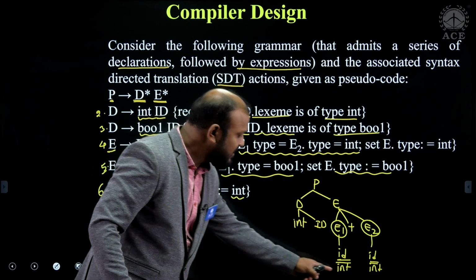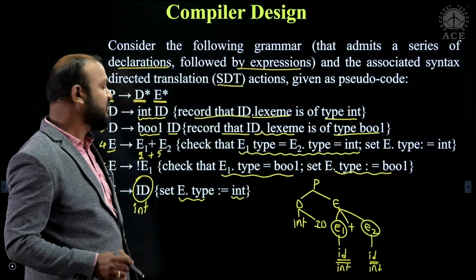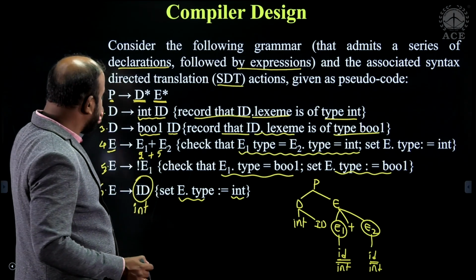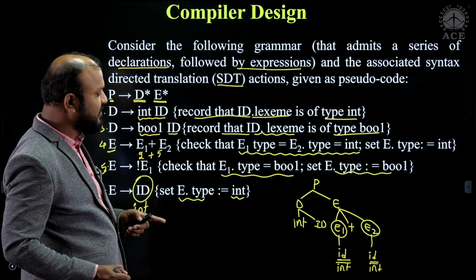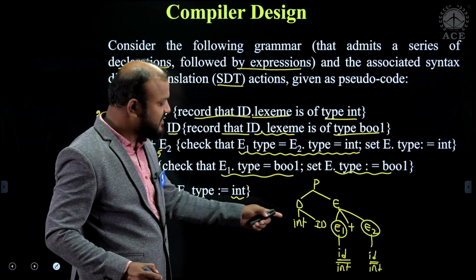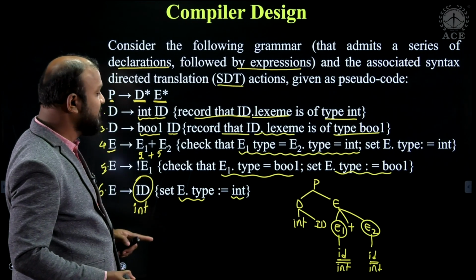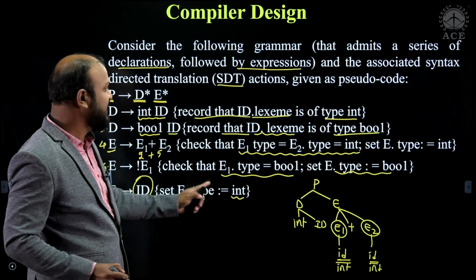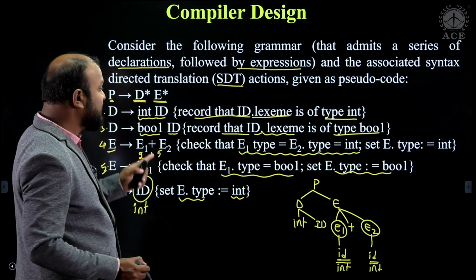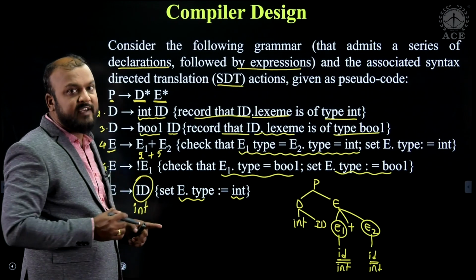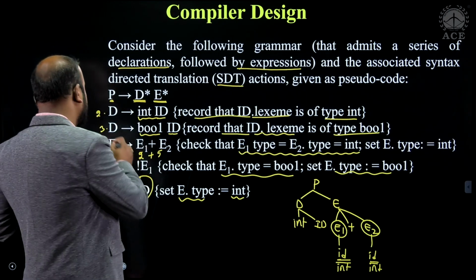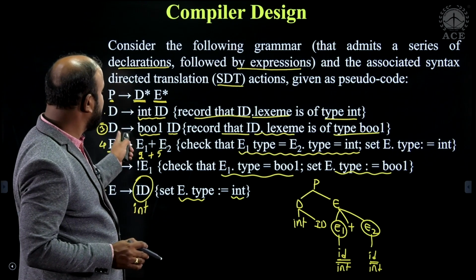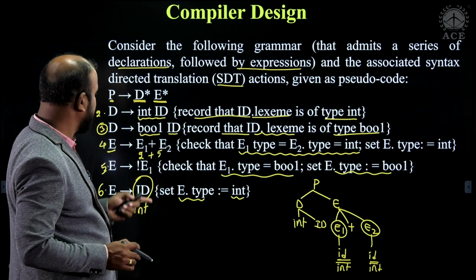That identifier is of type integer, not Boolean. So what we understood is that these semantic rules are written for checking type expressions for integers, not for Booleans, because expressions derive identifiers which are of type integer. And moreover, you can declare some variable which may not be used. That's why rule 3, which is for Boolean type identifiers, you can ignore.